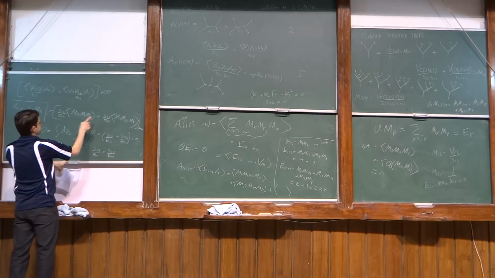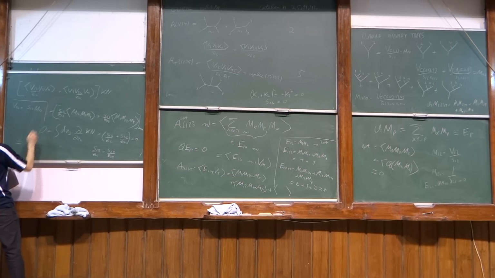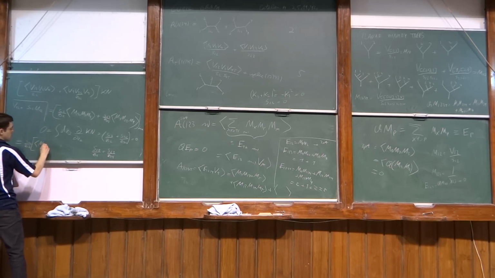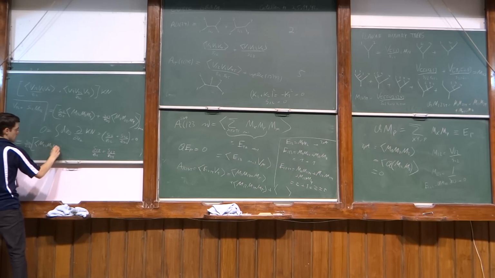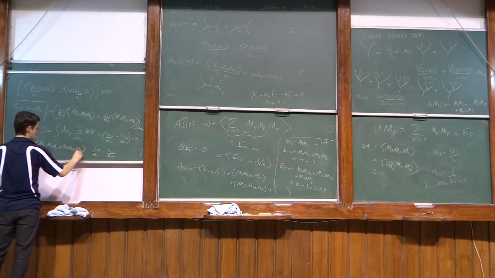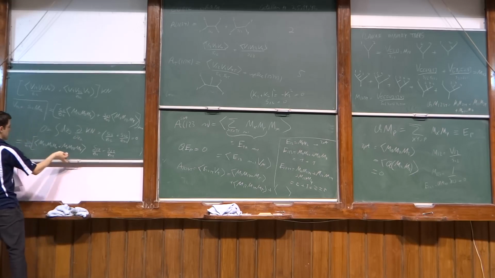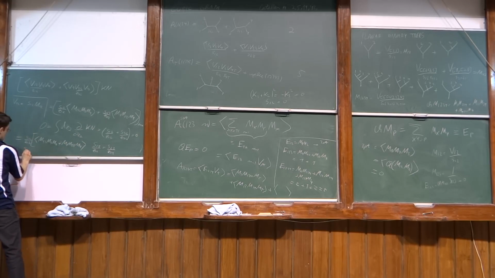And now you plug that back there, and you get the overall factor is this one, and then M1, 2, M3, M4 plus, and then this is the Yang-Mills amplitude. So S12 over Z12, the Yang-Mills amplitude 1, 2, 3, 4. So that's the string correlator.